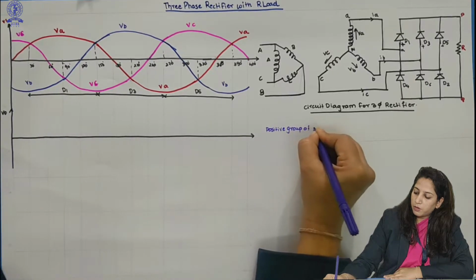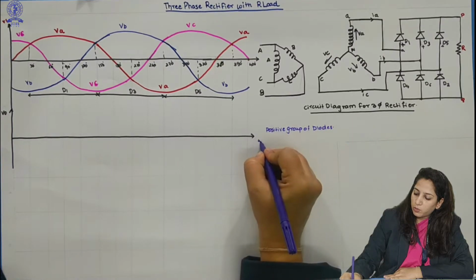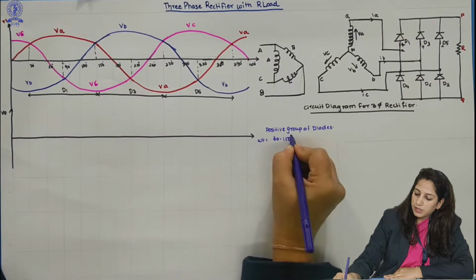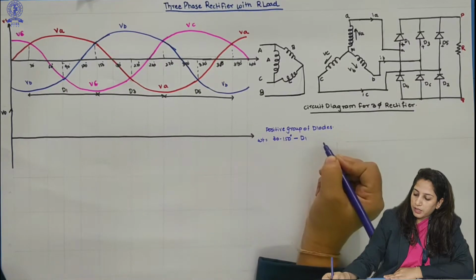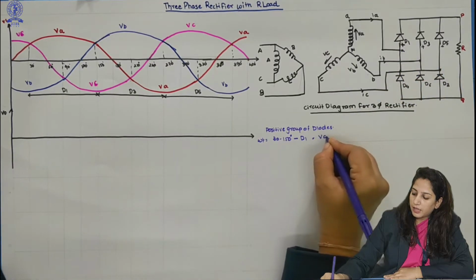group of diodes. As I said, for omega T from 30 to 150 degrees, diode D1 will be conducting, and at that time voltage VA is high.